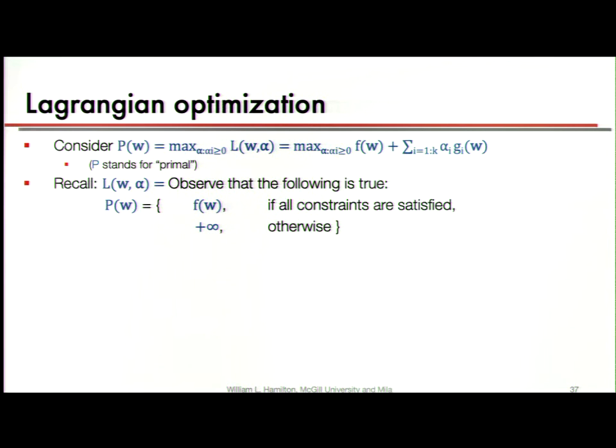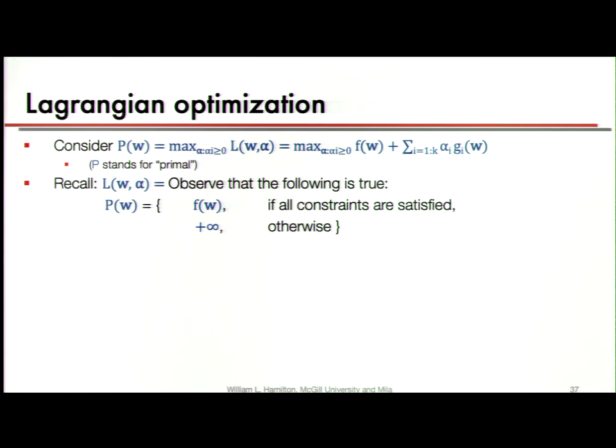Because if all of our constraints are satisfied, then all of the gi's are less than or equal to 0. And so the best thing we can do is setting alpha i to 0 for all of these. But if that's not true, if there's one gi that's greater than 0, well, we can set that alpha i to infinity, and we can make p(w) as big as we want.